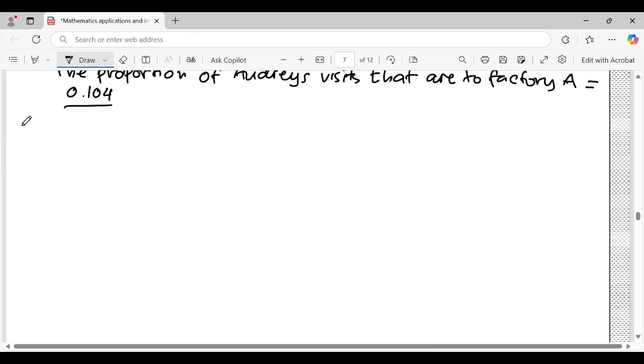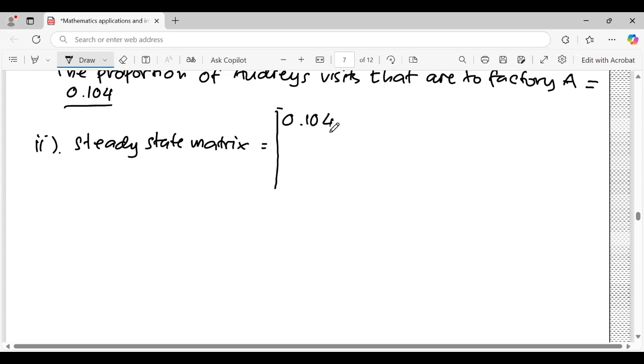For part 2, I would like to write the steady state matrix. This is A, or pi A, 0.104, and then 0.19, 0.226, 0.235, and 0.244. This is the steady state matrix.